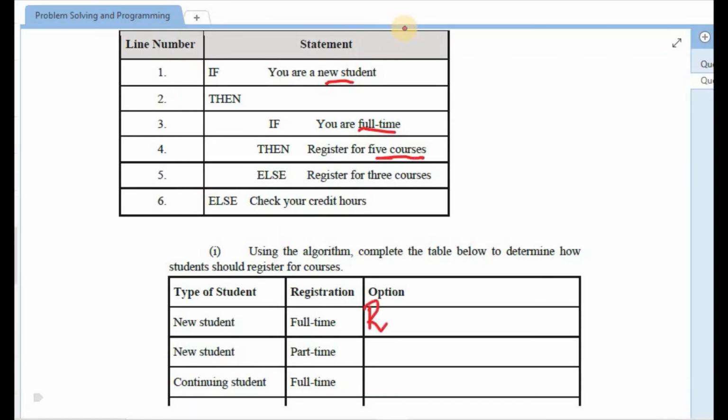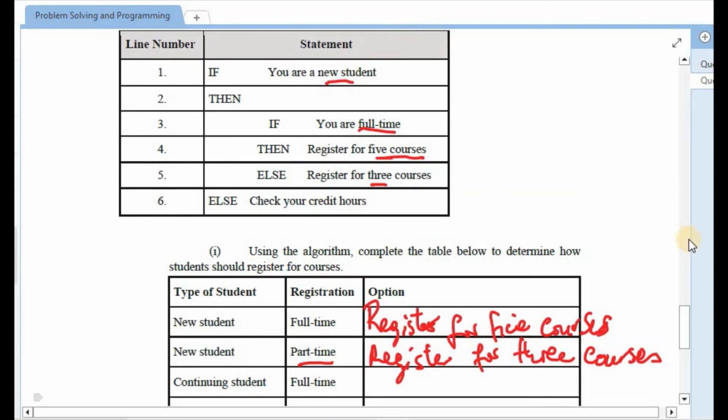So the option is register for 5 courses. All right. New student who is part-time, so the fact that they're not full-time, they would not register for 5 courses, but they would go to the second suggestion, which is to register for 3 courses. So register for 3 courses.